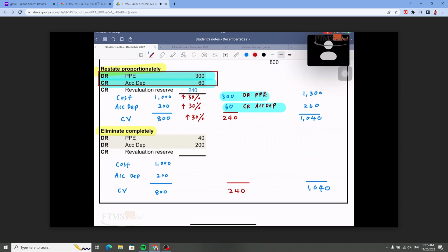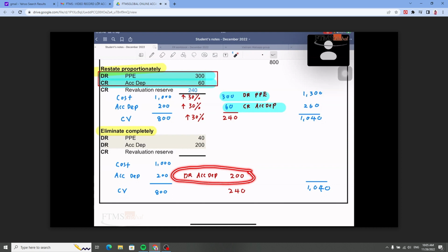So to do so, I will need to debit my accumulated depreciation. I have to remove it totally, right? So I need to debit accumulated depreciation 200. Okay, then now we have this problem. If I debit accumulated depreciation, what is the impact on the asset?